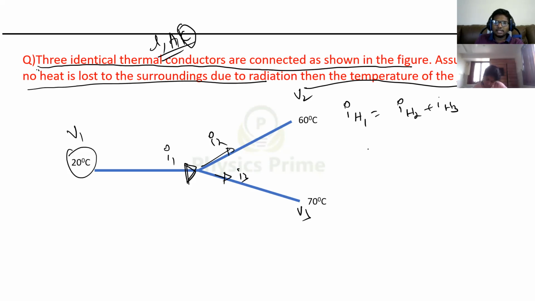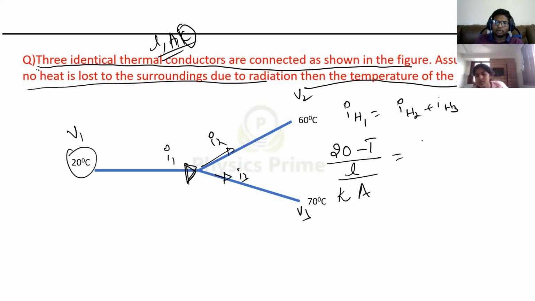So now what is IH1? Potential difference, 20 minus junction temperature T, divided by L1, that is L by K1, that is KA. A cancels anyway.